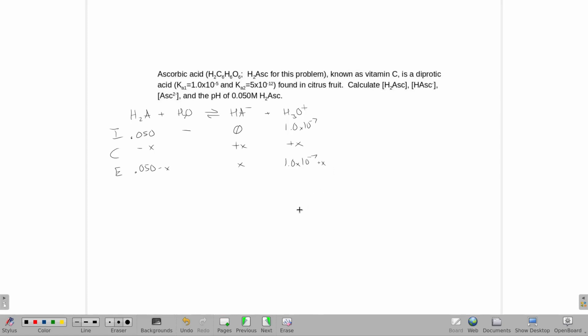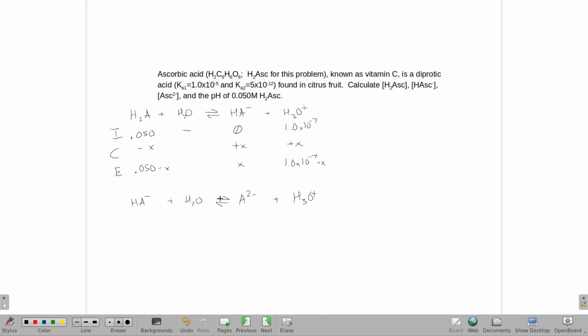Now before we do any calculations or any assumptions, let's take this HA minus, let it bump into a second water, and create the A2 minus and some more H3O plus. The reason we have to do this is because this has both K's.